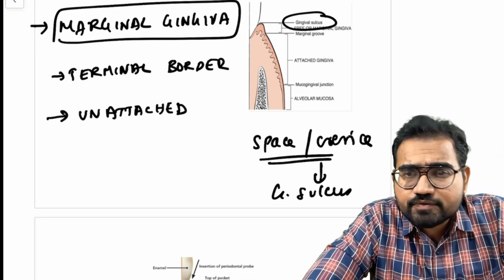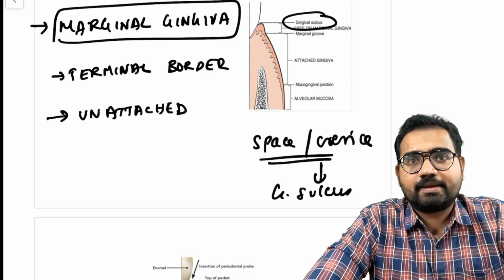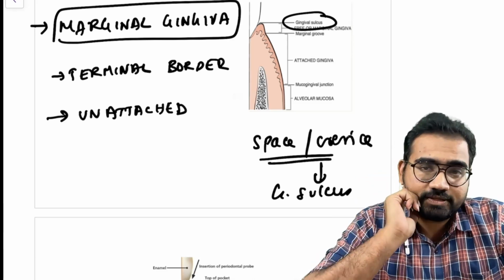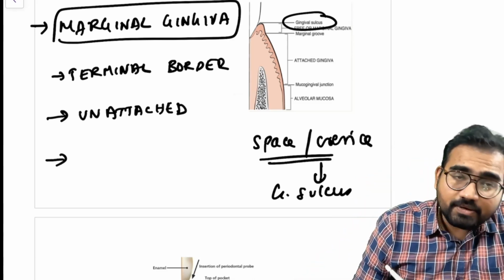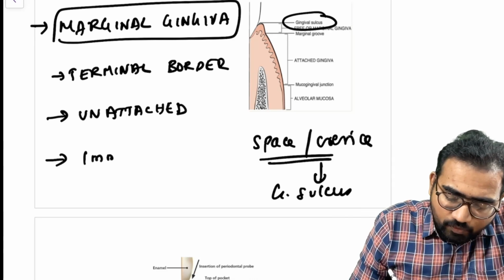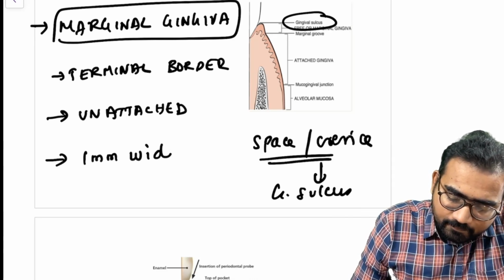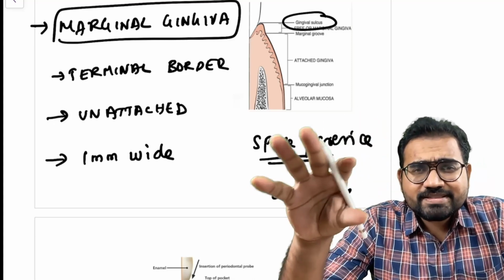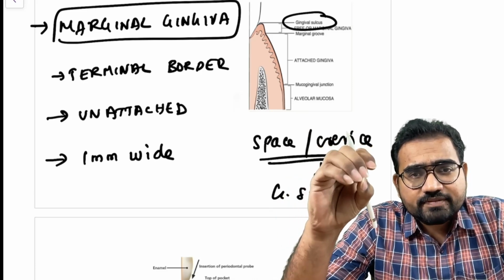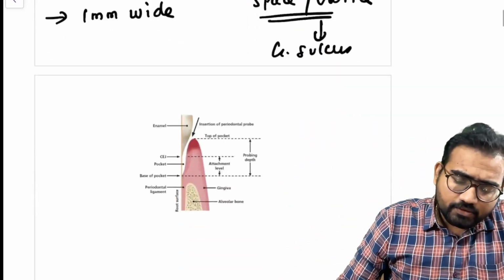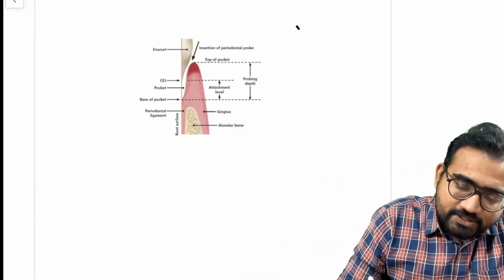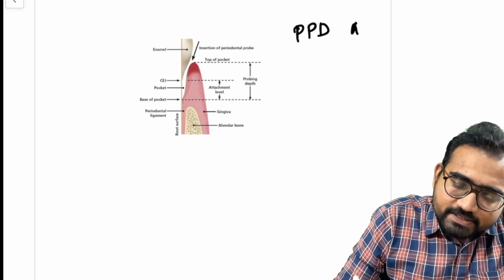What is the significance of the gingival sulcus? Exactly, I'm going to insert my probe into the gingival sulcus. Now the marginal gingiva is 1 mm wide. Most of the time we get confused with the terminologies: what is PPD and what is CAL.